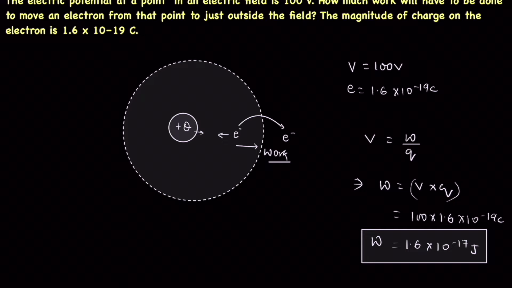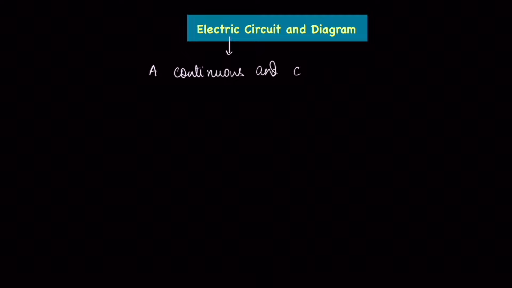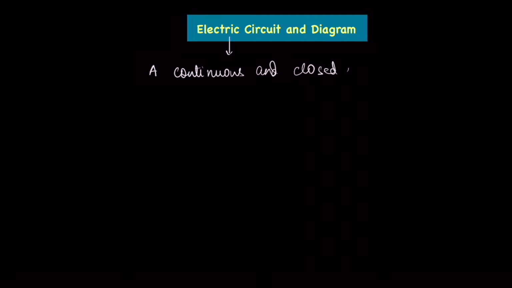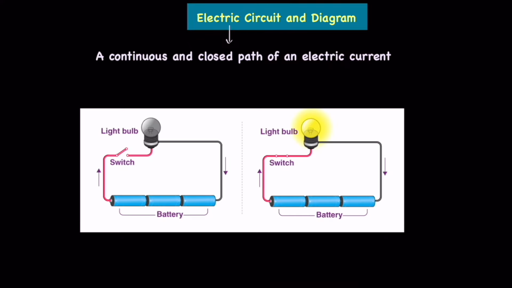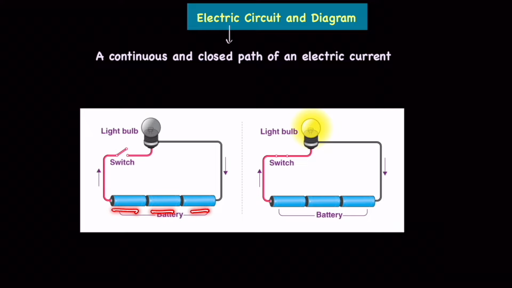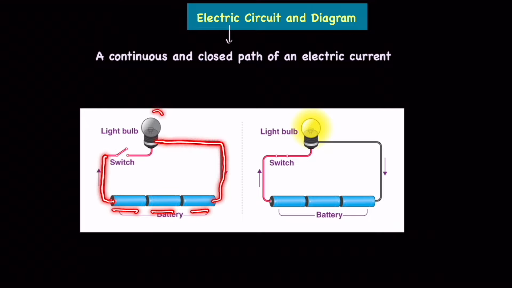Now we will study the electric circuit. An electric circuit is defined as a continuous and closed path of an electric current. As you see in this figure, we have three cells of batteries. It is connected through a wire, and here is a bulb.